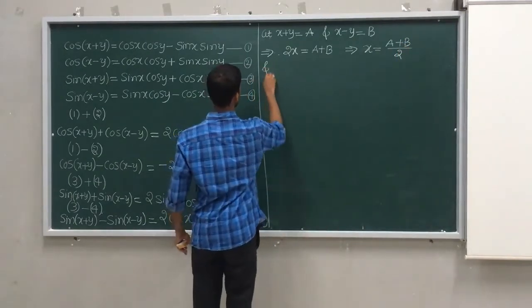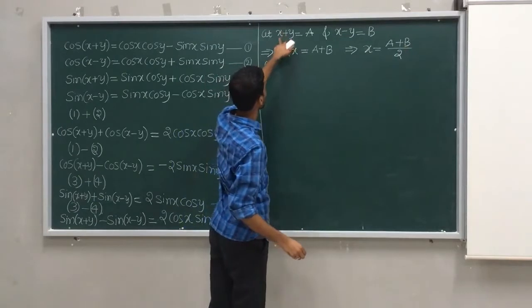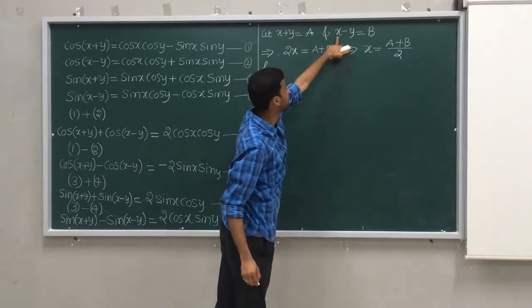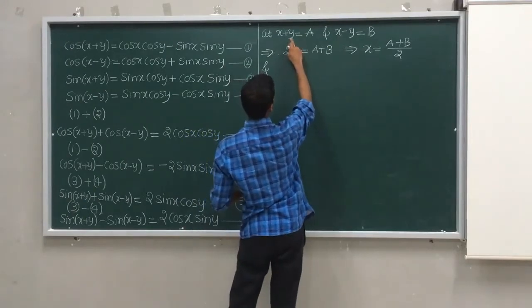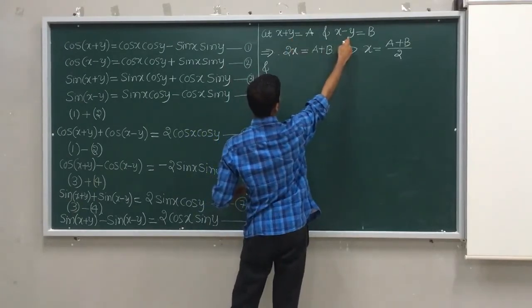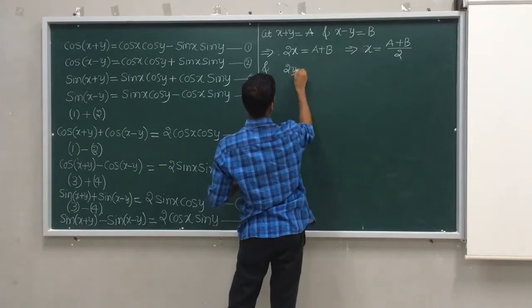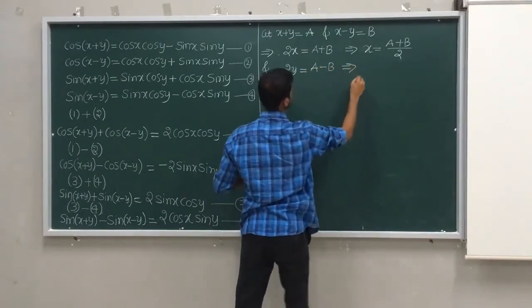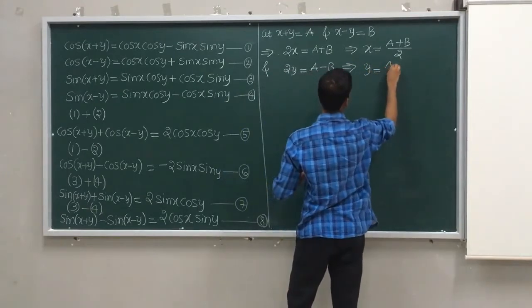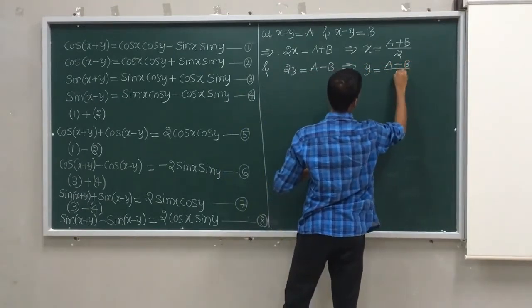And if I subtract these expressions, x cancels, and y plus y is 2y, which is equal to a minus b, which implies y equals a minus b by 2.